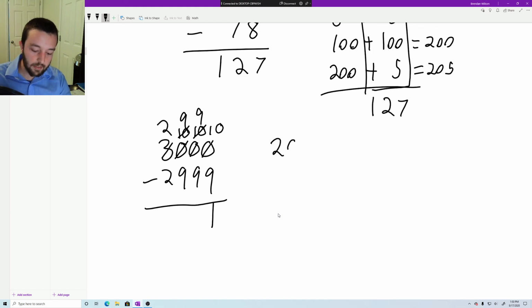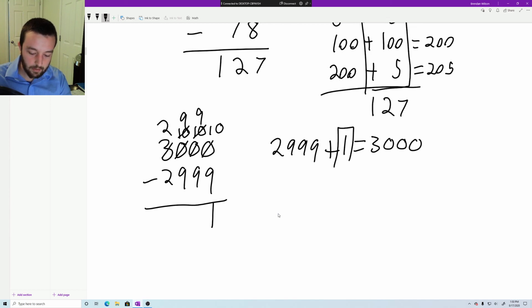Whereas with the count up method, you can easily go, okay, we just add 1 to it. That gives us 3,000. Okay, so this is a bit of a hyperbolic example, but it does show that there are advantages to both.